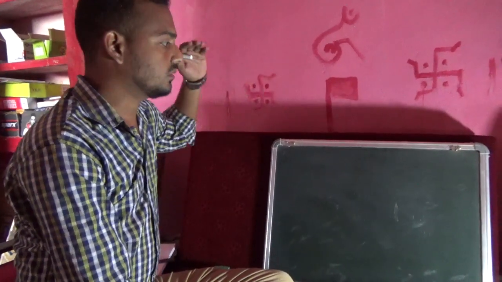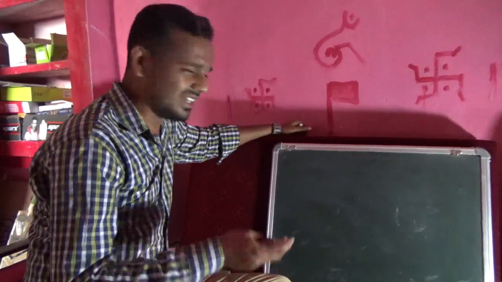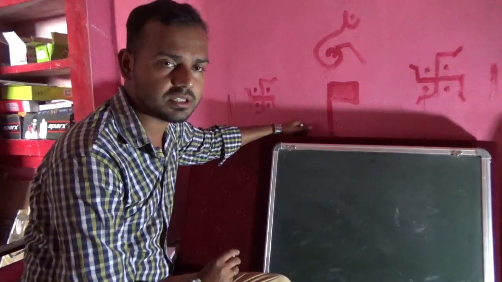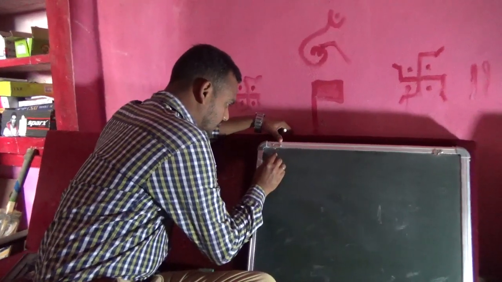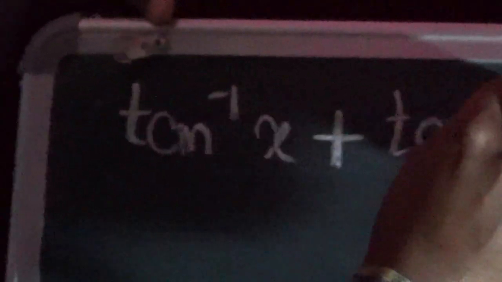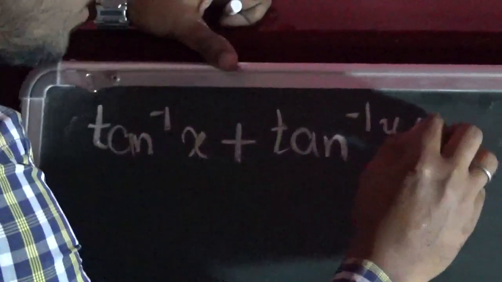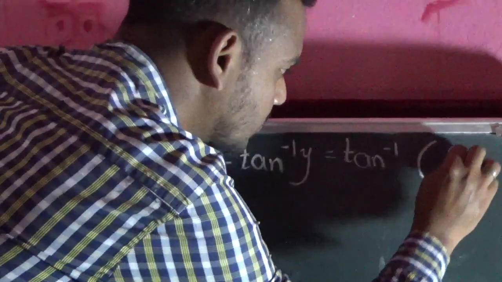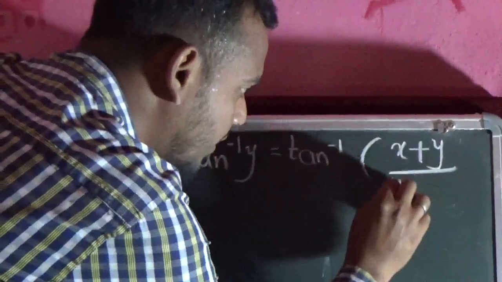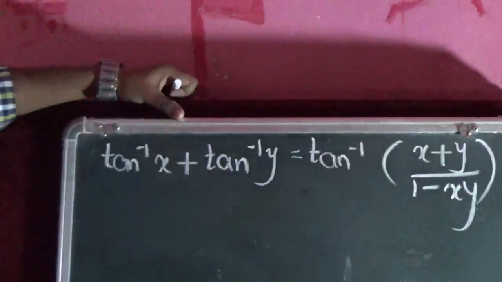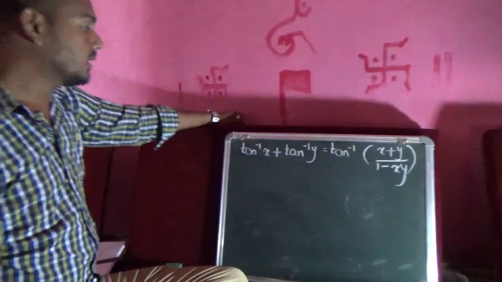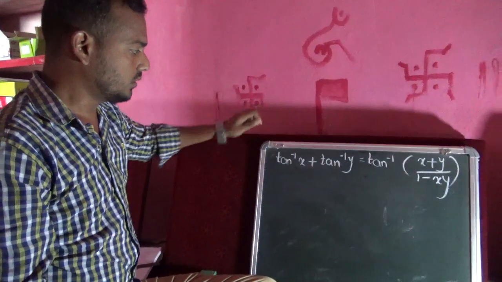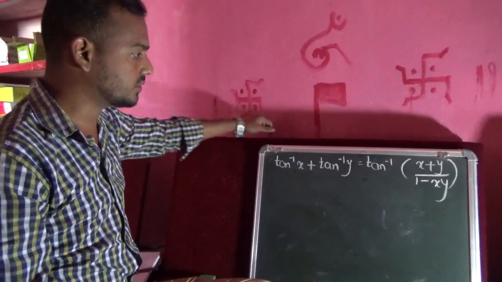So the next property of inverse trigonometric functions is tan inverse x plus tan inverse y equals tan inverse of (x plus y) by (1 minus xy). This is your next property of inverse trigonometric functions.